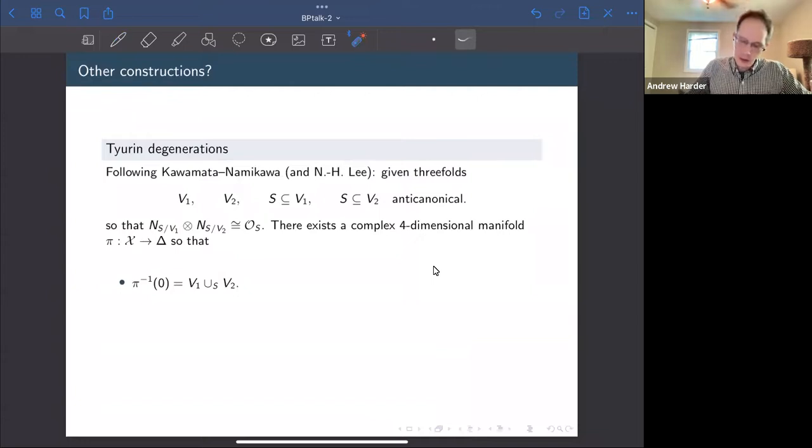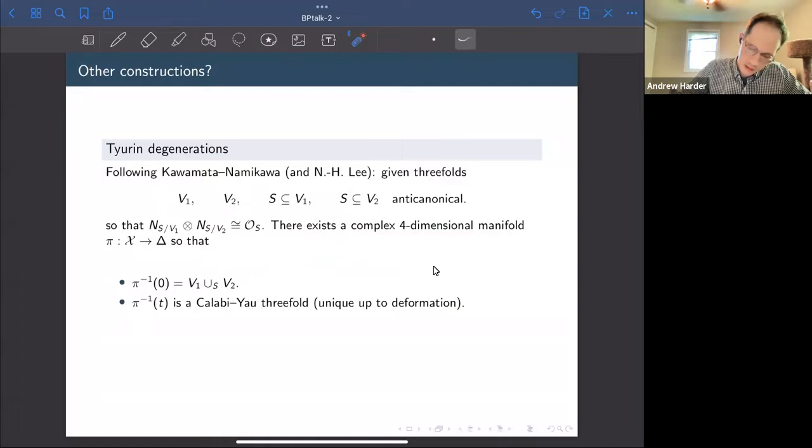Okay, so if I have these two things, I can construct a four-dimensional manifold X mapping to the complex disk Delta, so that if I take the preimage of 0, I get the union of these two things glued along S. And if I take any other fiber, t not equal to 0, the fiber is a smooth Calabi-Yau threefold, and this is unique up to deformation.